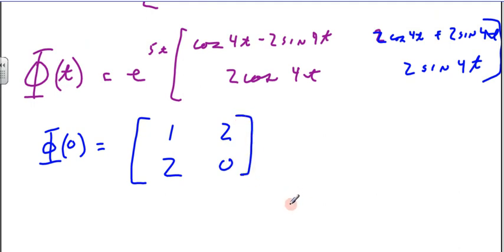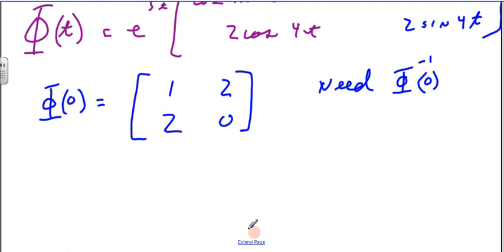Okay, so that being the case, I need to find iota, I have a need for iota at 0 inverse. Okay, so I'll take 1, 2, 2, 0.